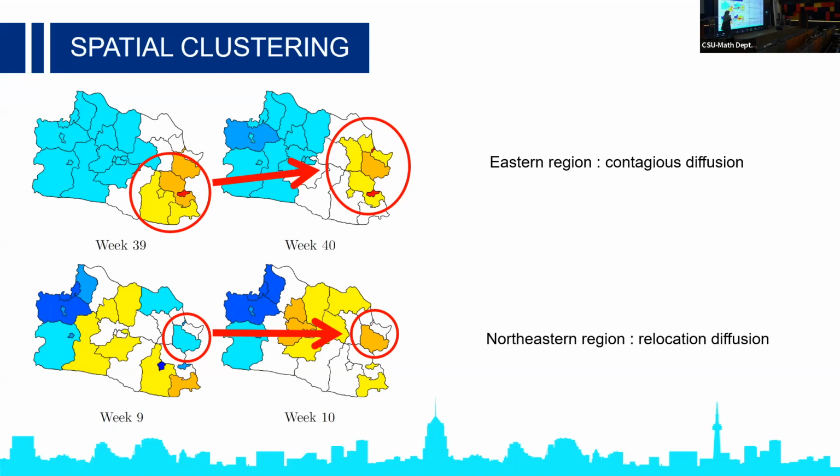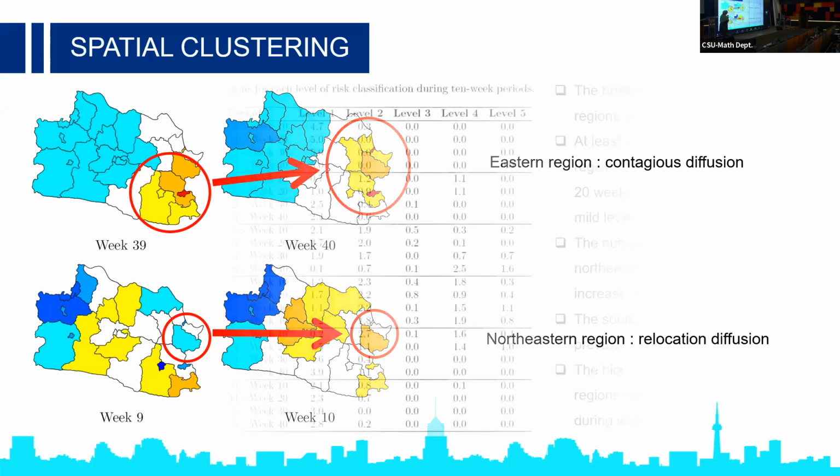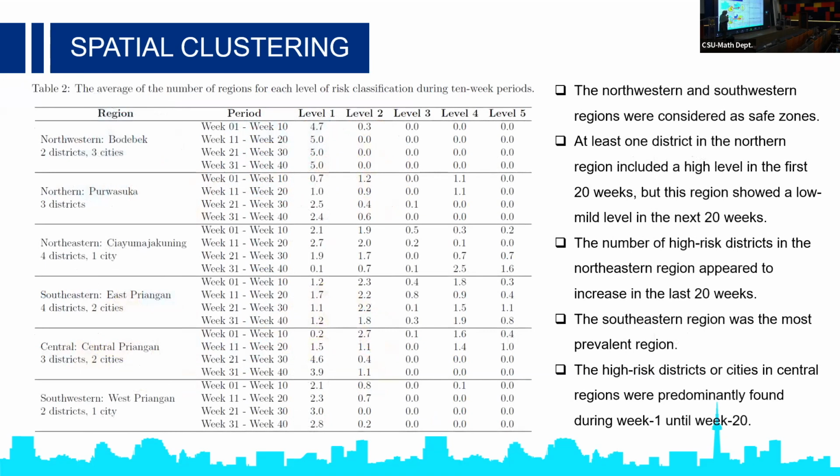So we do this kind of analysis based on the local government asking about these situations. We do all of the regions, the period, and the level of the diffusions for week 1 until week 40.